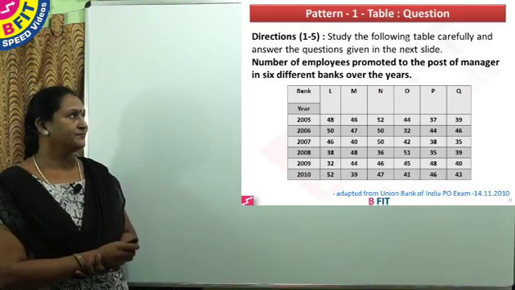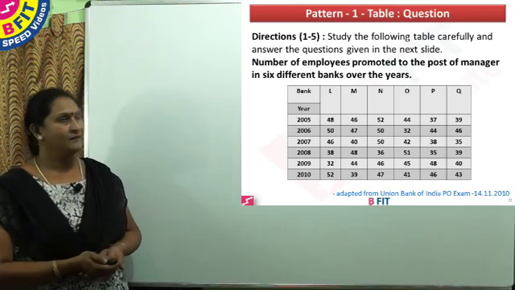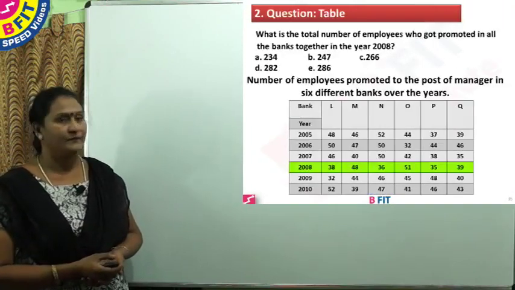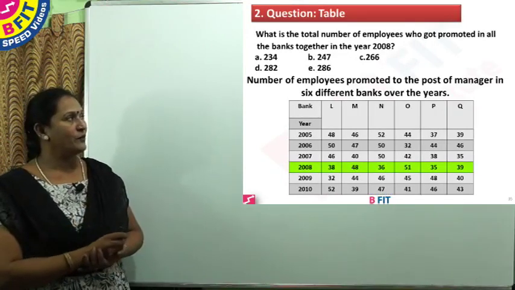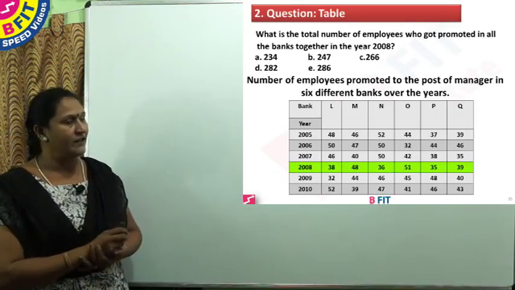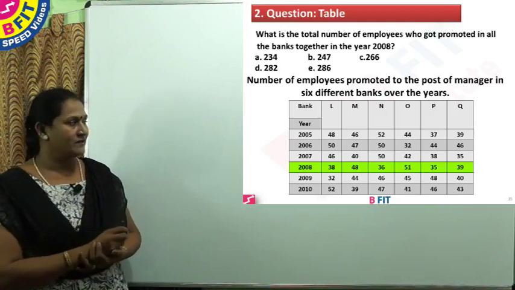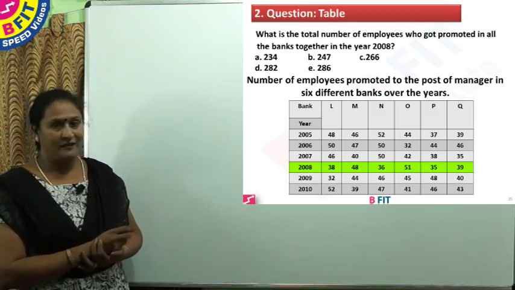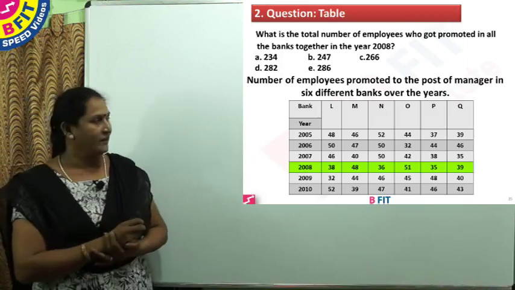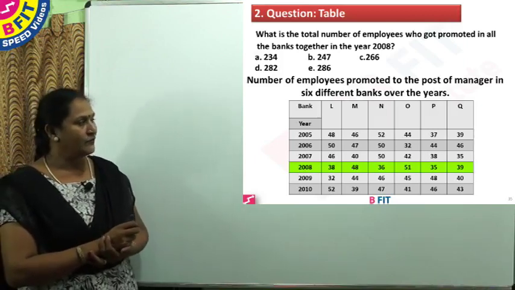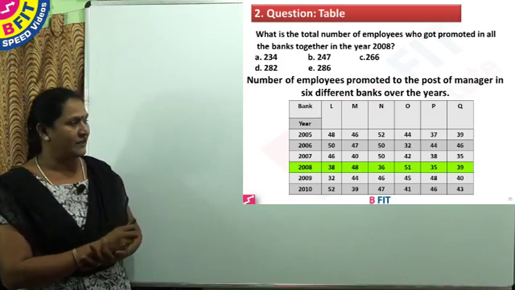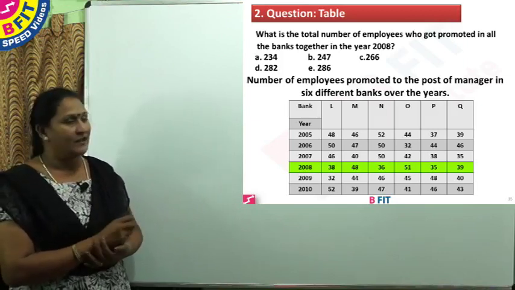Now we'll see the working slide. The question is to find the total number of employees for the year 2008 over all the banks, and it is highlighted in green. This is the row-wise working. In the banks L, M, N, O, P and Q, we have the number of employees promoted for 2008. Just adding all, we get the answer.